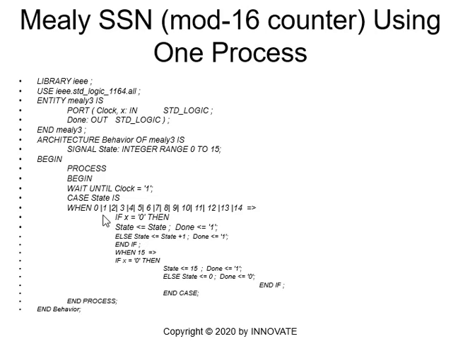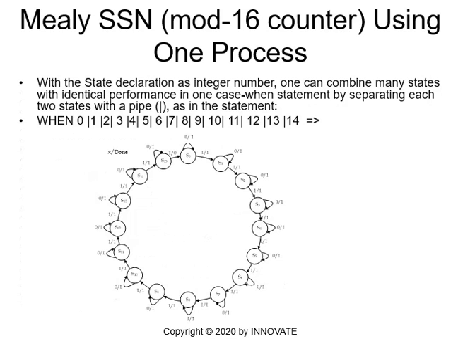So if I am in S0, I will go to S1, and also done will be equal to 1. So if I am in S0, and if the input is 0, the output will be 1, which is done. If I am in S1, which is state plus 1, the output will also be done equal to 1.